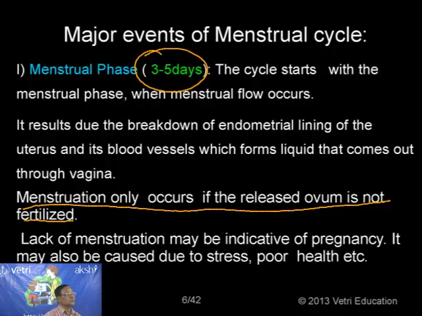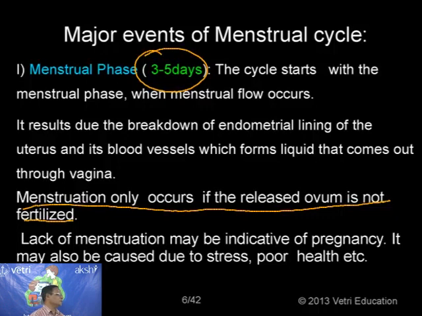That is why it is considered an indication of whether the female is in a pregnant or non-pregnant condition. So if you have no menstrual cycle, it may be an indication of pregnancy. That is number one.